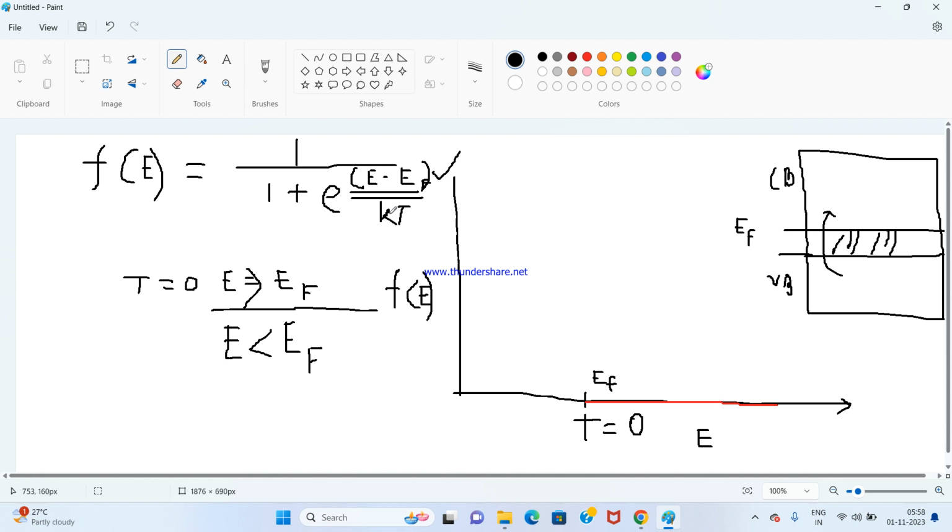So this term will come as e to the power minus infinity. E to the power minus infinity means 1 by e to the power infinity.